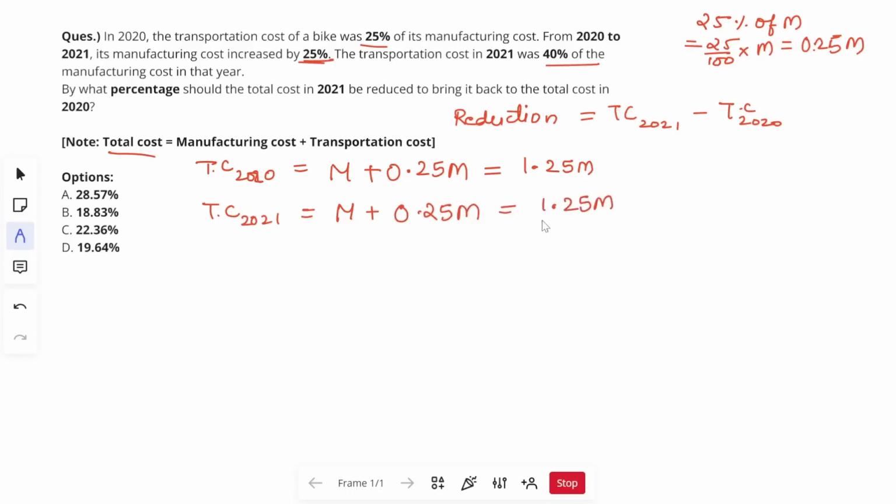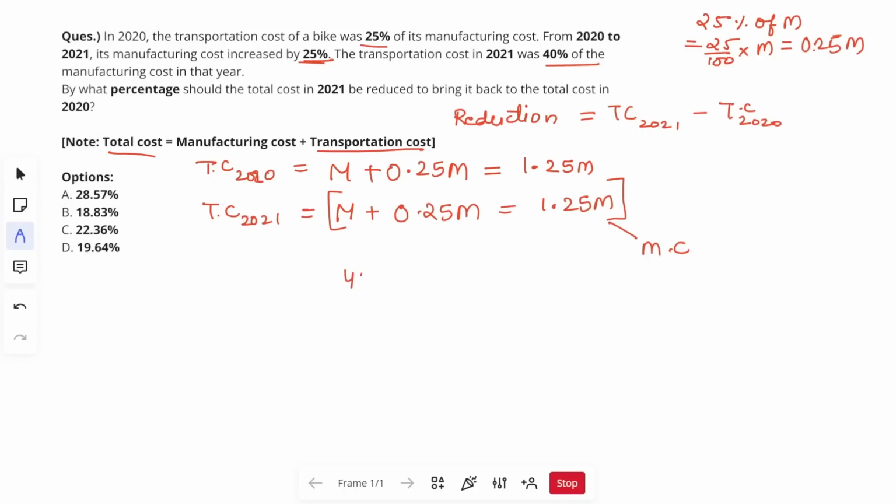Next, this is not total cost. This is manufacturing cost. Just understand, this much is manufacturing cost. In order to find the total cost, we need to add transportation cost also, right? Because we have seen that. Now let's add transportation cost. So what is transportation cost? Transportation cost is 40% of the manufacturing cost.